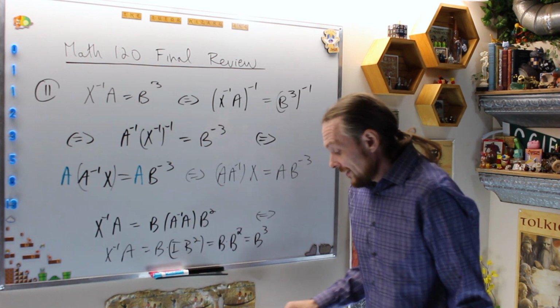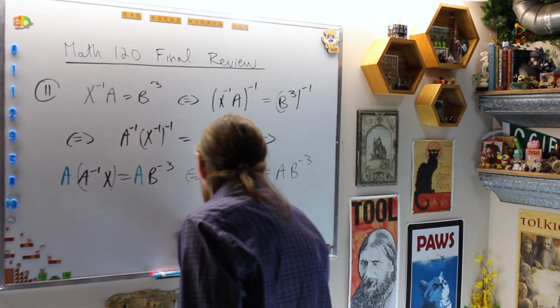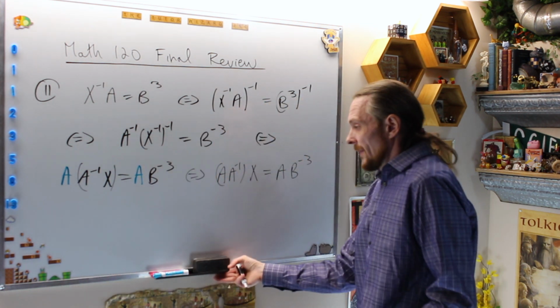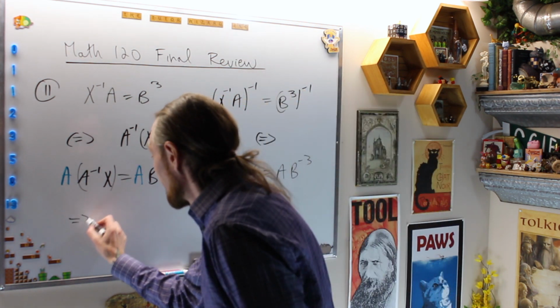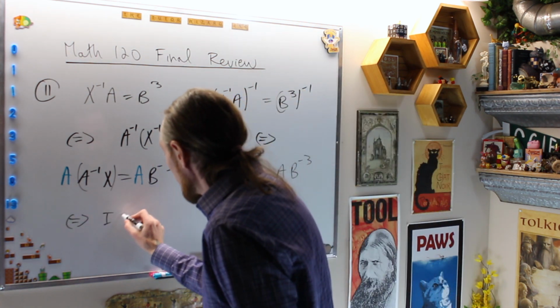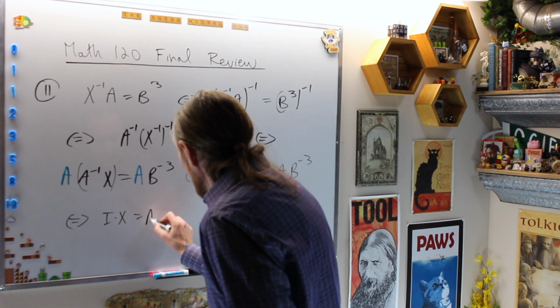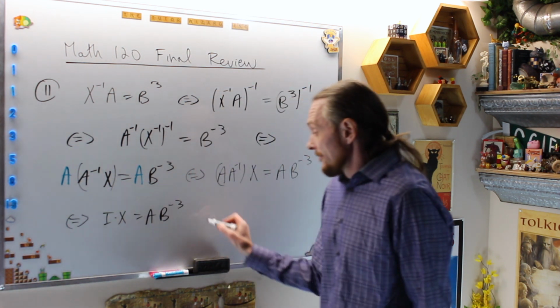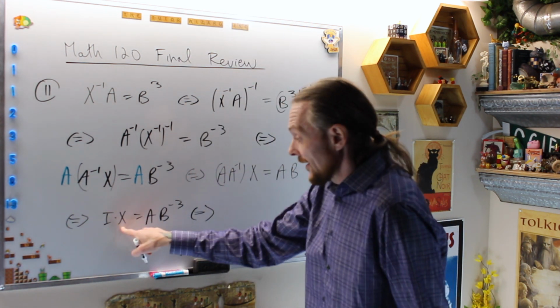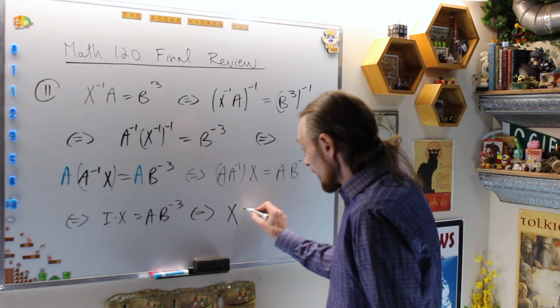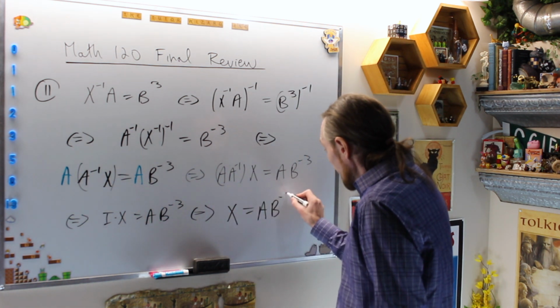This becomes identity. So this is if and only if identity times X is equal to A B to the minus 3. And so that's if and only if, identity doesn't do anything, this leaves me with X equals A B to the minus 3.